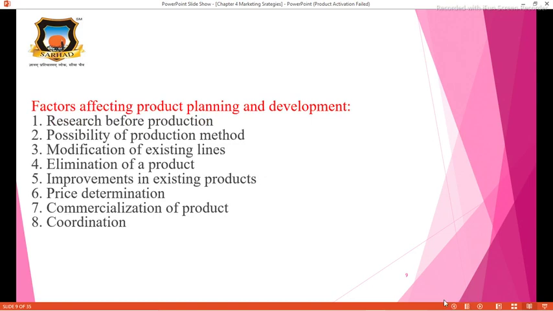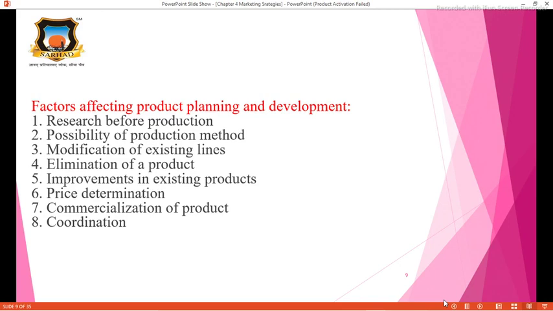Let us see the factors affecting the product planning and development. The first is research before production. Before arriving at a decision to introduce a new product, extensive market research should be carried out.